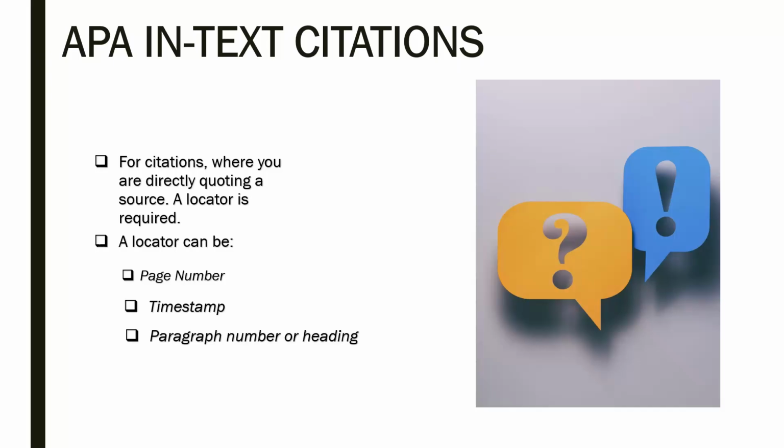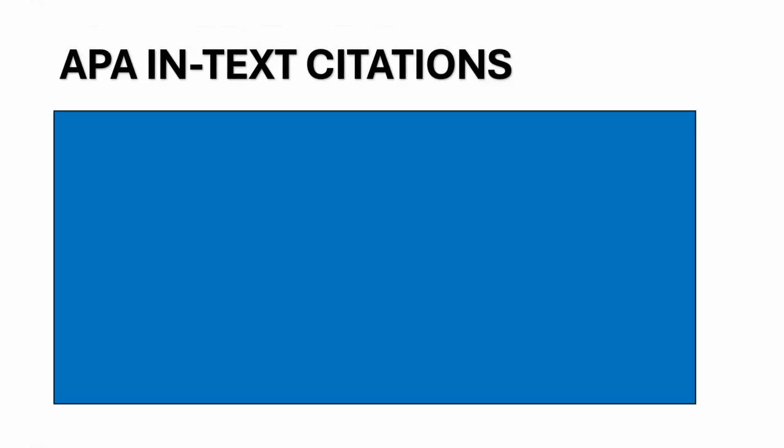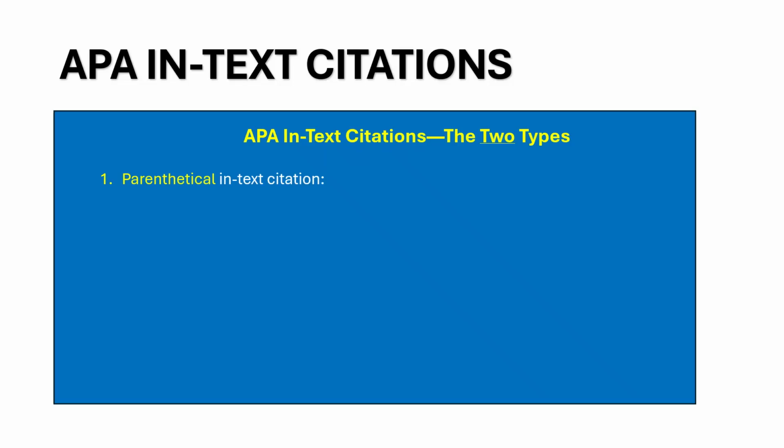Now that we've discussed the elements of an APA citation, let's review the two types of APA in-text citation. The first type is called the parenthetical in-text citation. That is where the author's name and the publication information are within parentheses. The other type of citation is the narrative in-text citation.